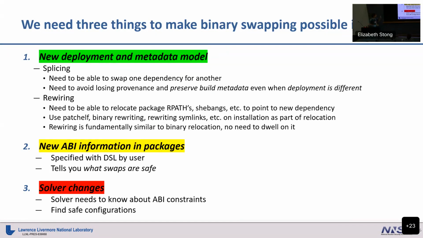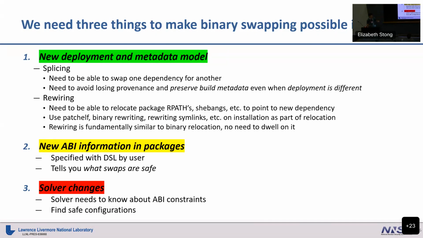And rewiring is how we refer to the process on disk of actually redeploying the software so that it matches the new model. And the nice thing about rewiring is we don't really need to talk about it because we already talked about it with the binary package relocation. It's the exact same thing, right? We're changing the paths of the dependencies. We're changing the RPaths. We already know how to do all of that. So I'll talk a lot about splicing.